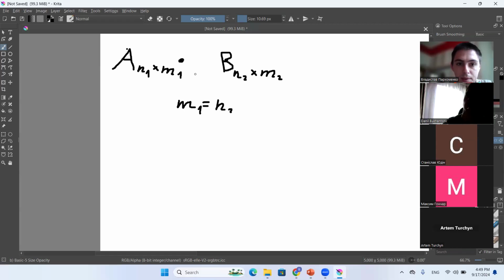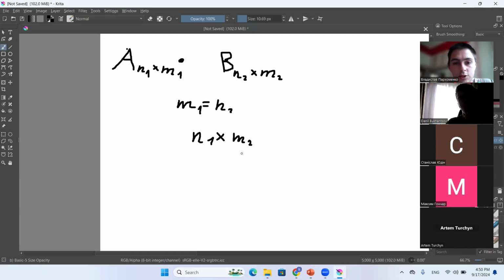What will be the dimension of the composition of these matrices? So how many columns, how many rows? It will be the size of N1 and M2, right? Yes. Yeah, so it will be the result dimension. Correct.